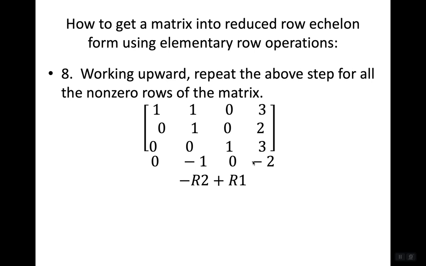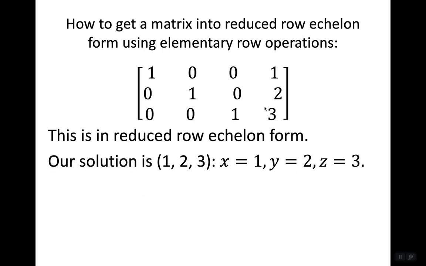Negative 1 plus 1 is 0, 0 plus 0 is 0, and negative 2 plus 3 is 1. So you end up with 1, 0, 0, 1; 0, 1, 0, 2; 0, 0, 1, 3. And we're done. This matrix is in reduced row echelon form. And see how easy it is to read off the answer. X equals 1, Y equals 2, Z equals 3.